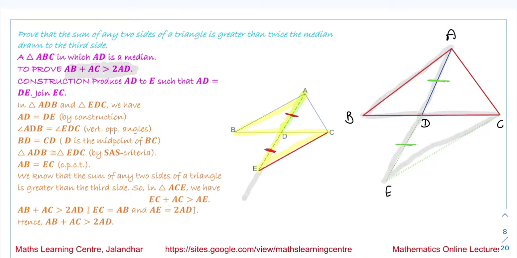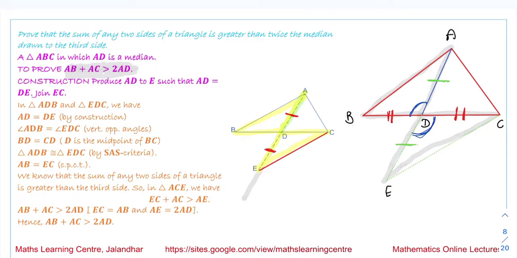Second thing we have is these two angles are equal because these are interior opposite angles. And third thing we have is these two sides are equal because AD is the median. So this is the midpoint over here.